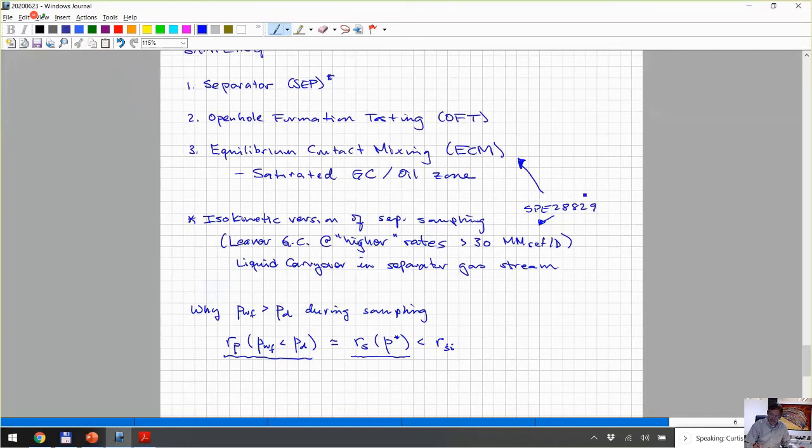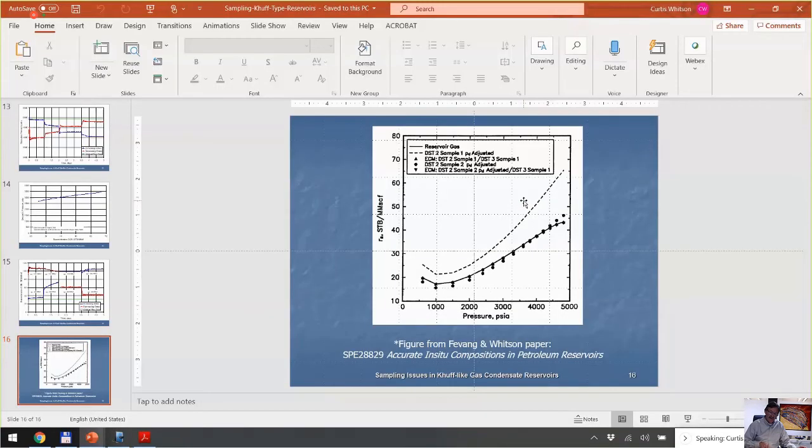So this paper is kind of a go-to paper for sampling gas condensates. And then this presentation was never made into a paper. It's just the presentation.